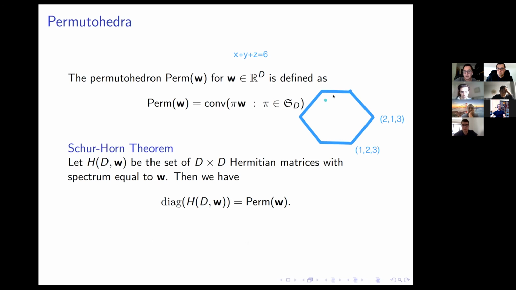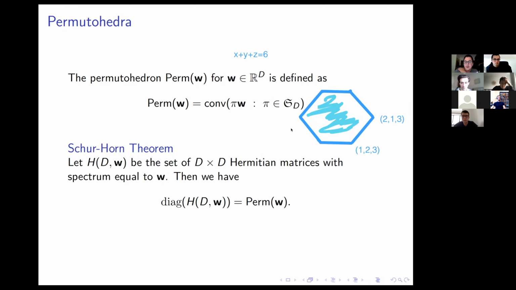We also consider all of these points to be part of the object. Okay, so that's an object that's a subset of R^d. This subset is compact. Now this polytope arose a while ago in a very classical theorem by Schur-Horn.